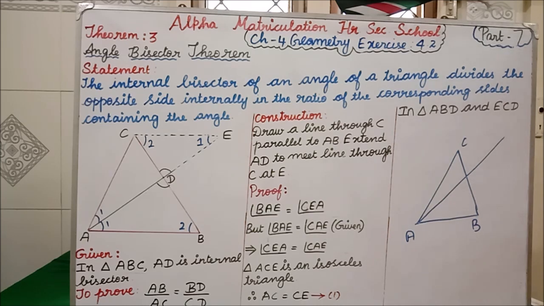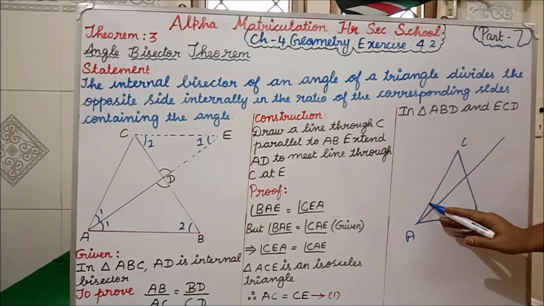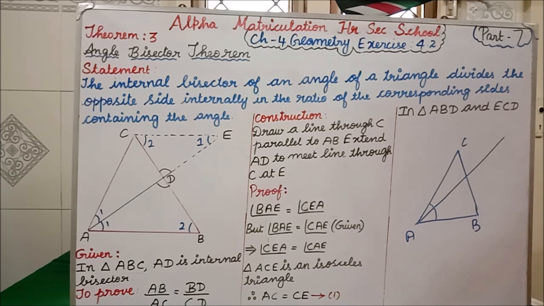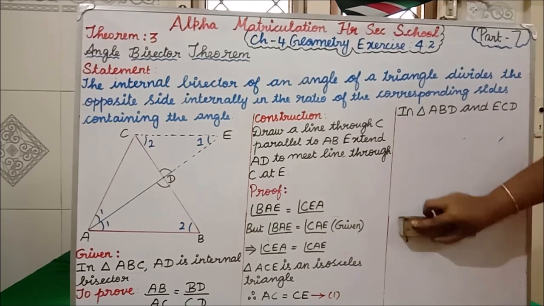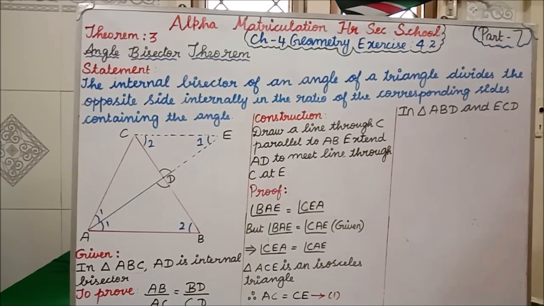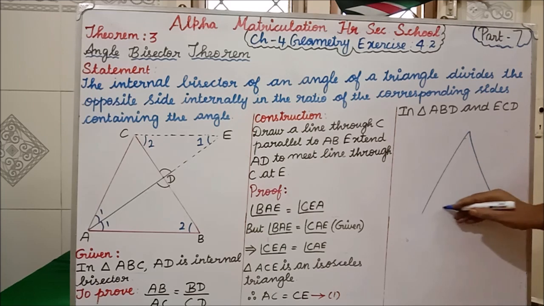What does internal bisector mean? Suppose before drawing this, the angle A is 60 degrees. Now I have drawn it. We have in the triangle the angle A as 60 degrees.